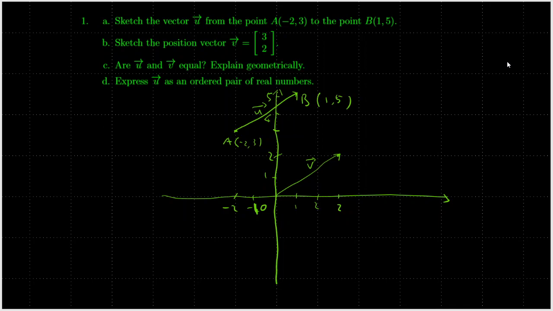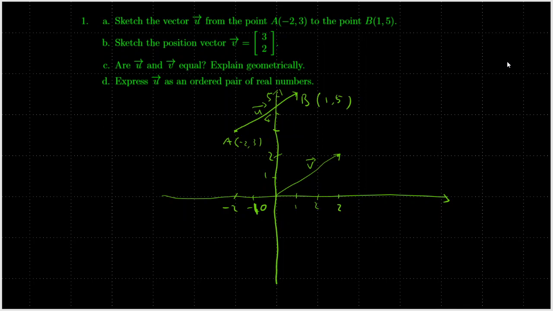Now the main thing is to try to answer the 2 questions. Are u and v equal? Explain geometrically. So anybody want to write the answer? I think I can tell you the answer is yes. And then explain why the 2 vectors are equal, geometrically.